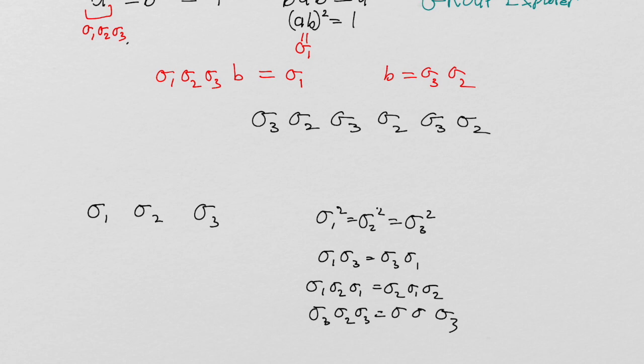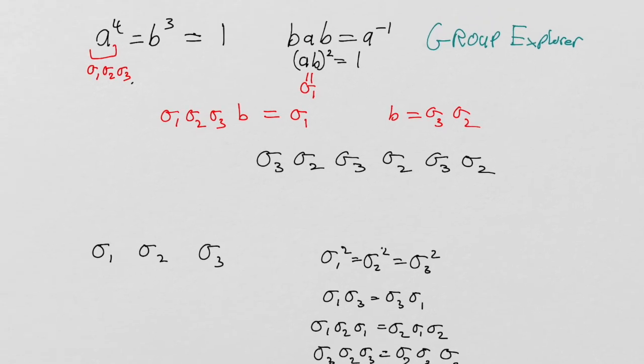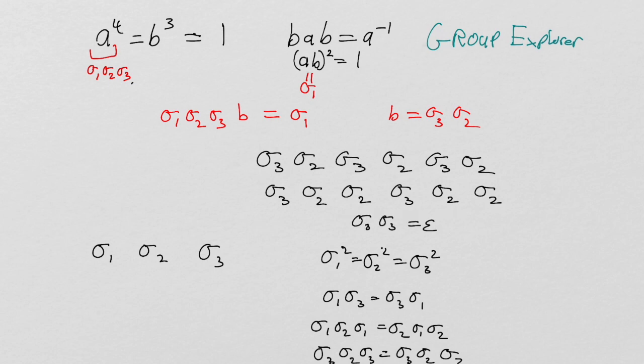This should be sigma 2, sigma 3, sigma 2, right? And we replace this with sigma 2, sigma 3, sigma 2, like that. And then what we see is that clearly this cancels, that cancels, and then what's left are these two sigma 3s, and those cancel.